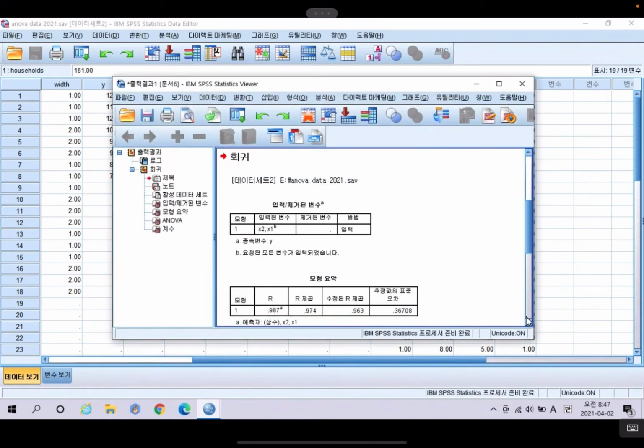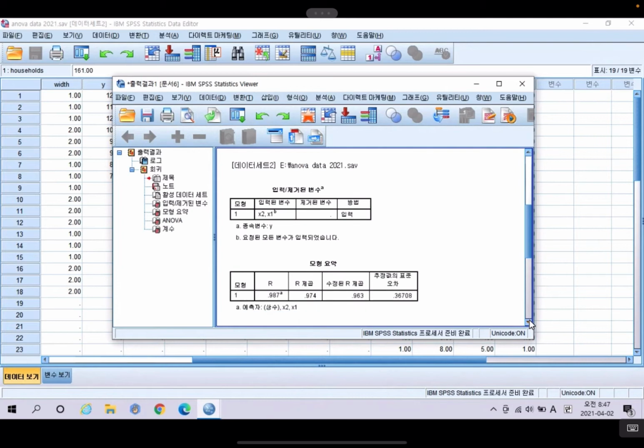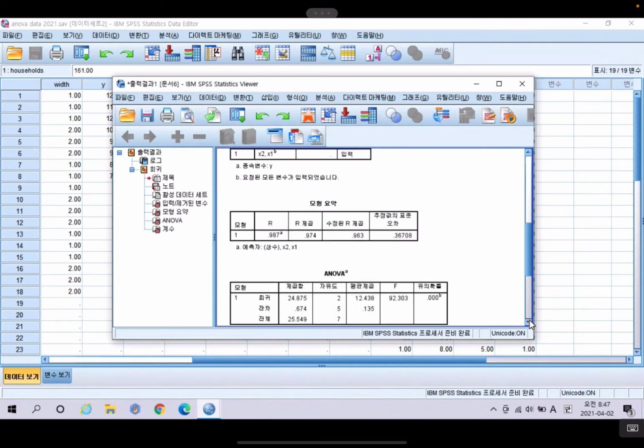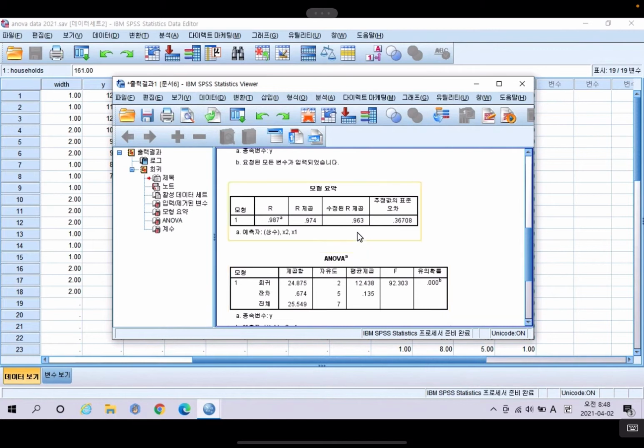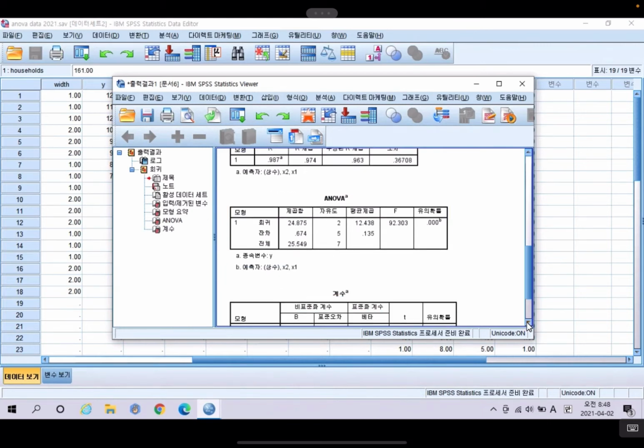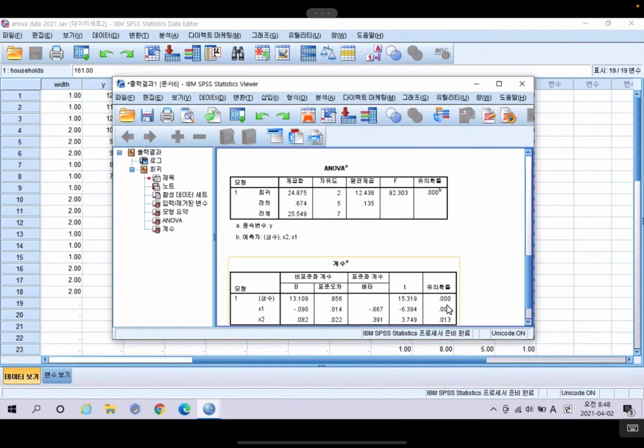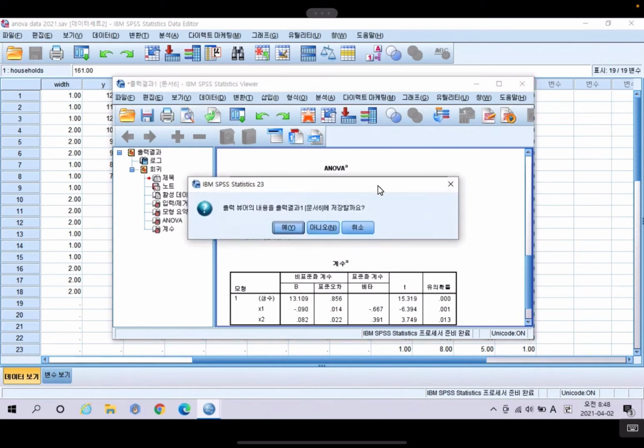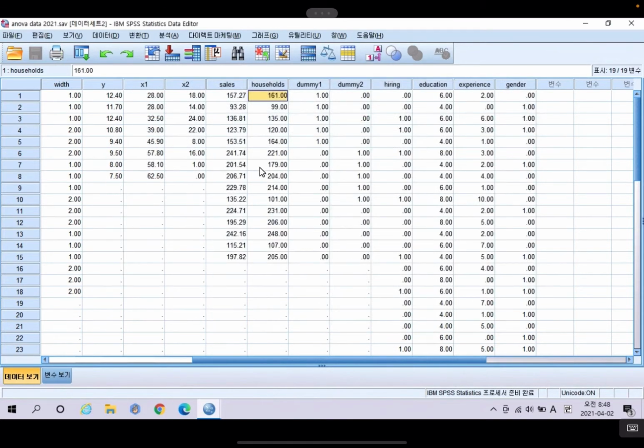So you get the three tables here, right? So one table is about the R square, and another one is the ANOVA table, and the last one is the coefficient table, right? So we'll talk about these today, right? Okay, let me show you this one again once more.